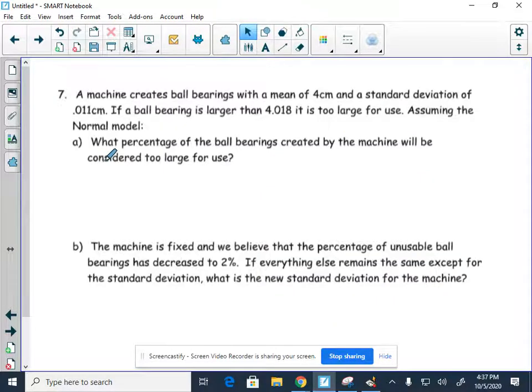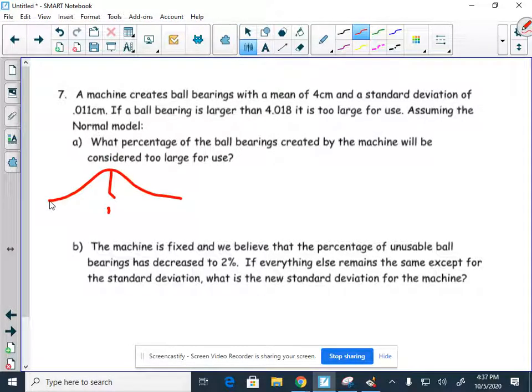Okay, now continuing on, number 7, a machine creates ball bearings with a mean of 4 centimeters. The standard deviation of 0.11. If a ball bearing is larger than 4.018, it's too large for use. What percent are too large? We're going to have to create a z-score.